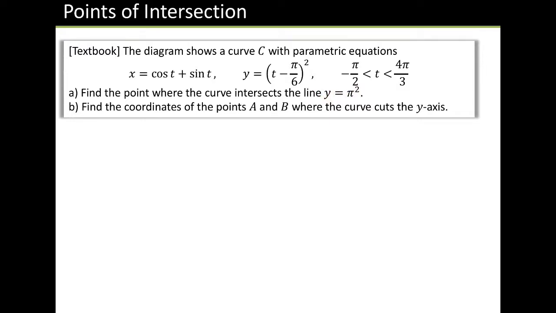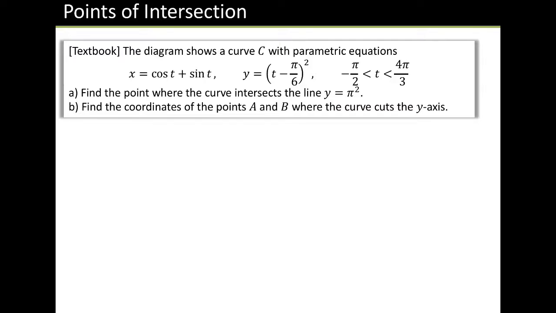Now, this is just simultaneous equations. If you think about it, if something's going to intersect, it's where they're at the same point at the same time. And therefore, the y value here must equal the y value there. That's what intersection means. And it's just simultaneous equations, but via substitution.